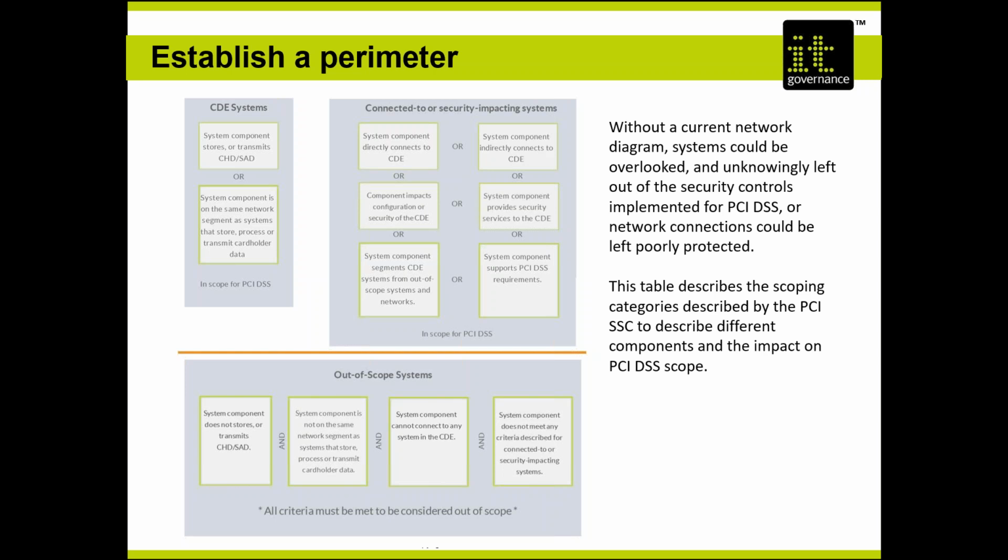We're often very good at the physical aspect of where cardholder data is flowing. We understand that. But when it comes to data in files, formats, protocols, messaging, we often lose sight of that and don't understand how the data flow works. So without a current network diagram, you can have systems overlooked.